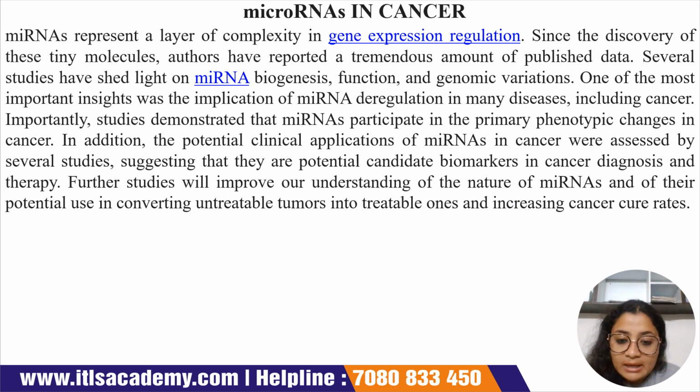Now, what do you mean by biomarkers? Very important concept. Biomarkers usually are proteins or enzymes in nature whose level will be either increased or decreased, and by detecting that increase or decrease of that biomarker, we will be able to get an idea whether a particular disease has developed in the body or not.